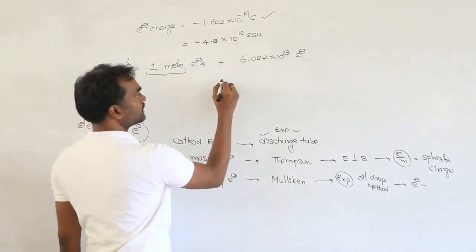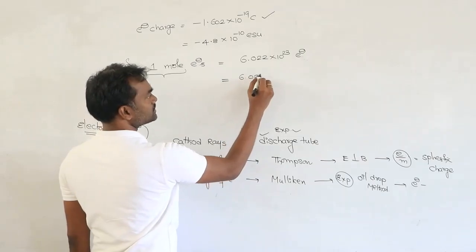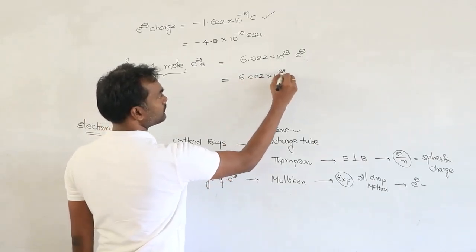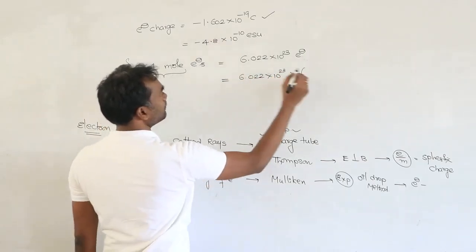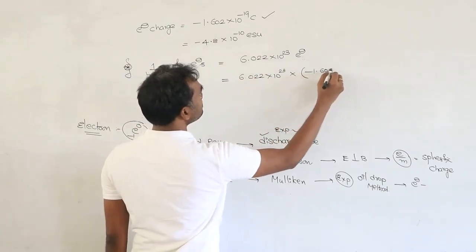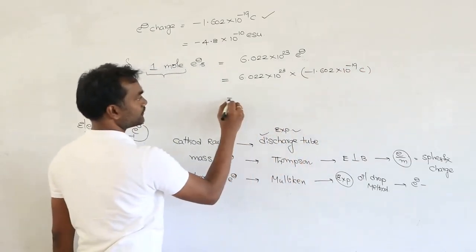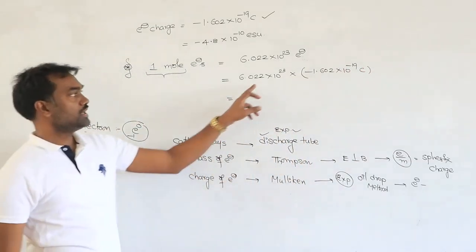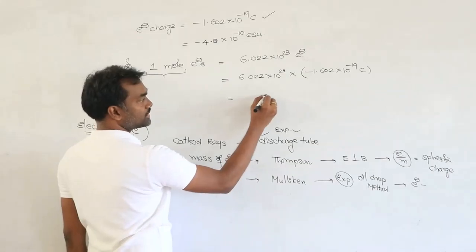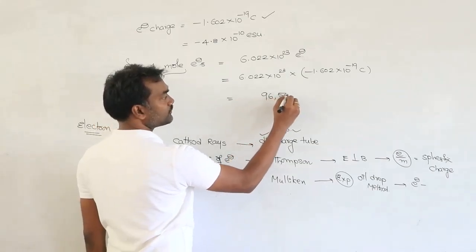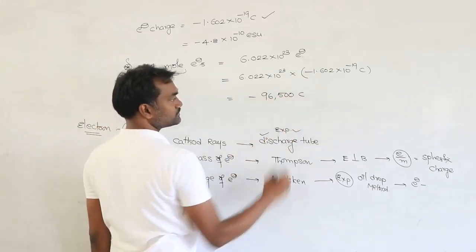So now the electron charge is 6.022 into 10 to the power of 23 into minus 1.602 into 10 to the power of minus 19 coulombs. If you multiply these, you will get 96,500 coulombs.